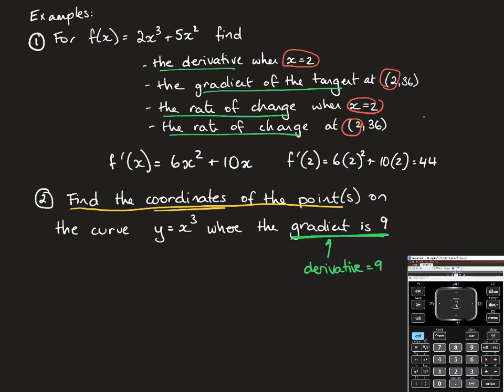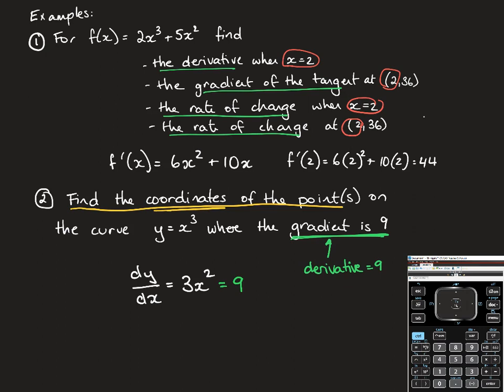That means that our derivative is 9. So our equation is in the form of y is equal to x cubed. So our derivative is going to be dy dx. And dy dx is going to be 3x squared. And we're told that 3x squared is equal to 9.